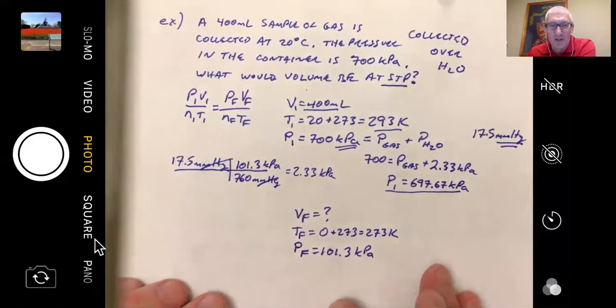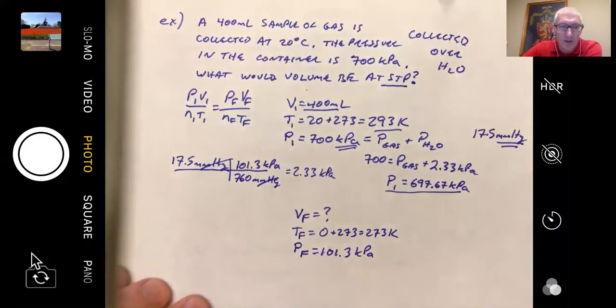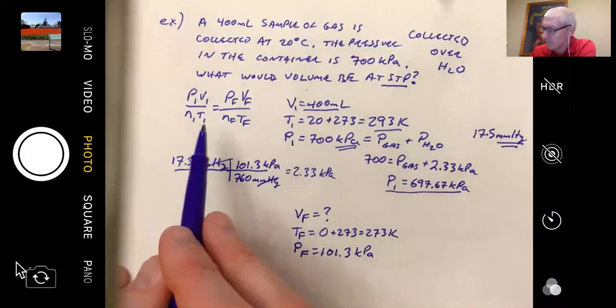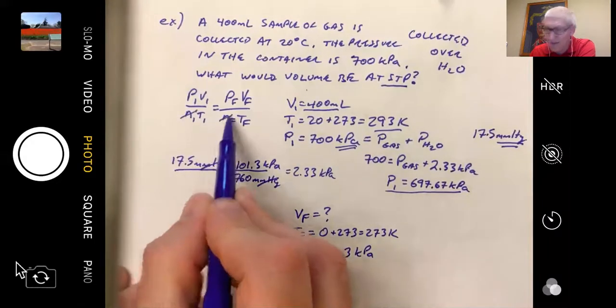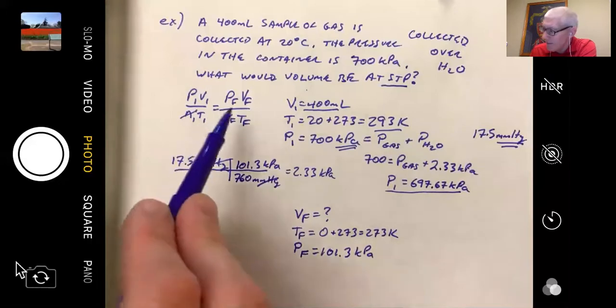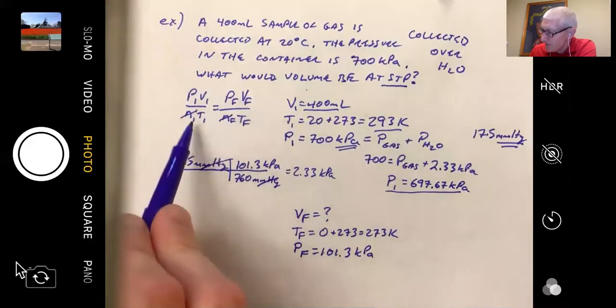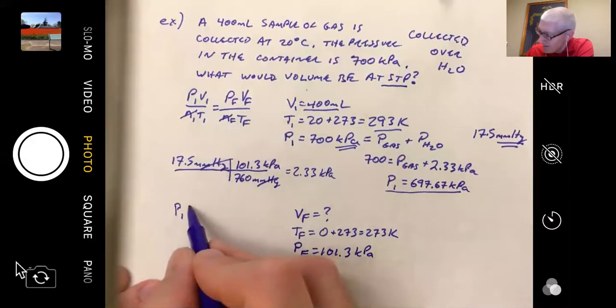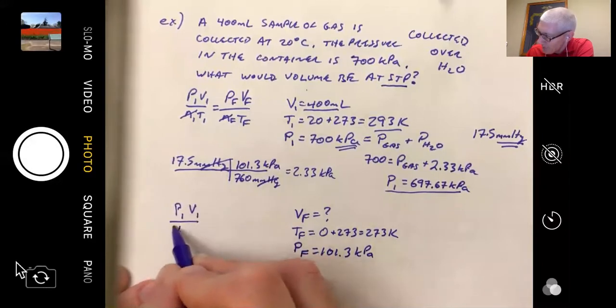Almost finished. Now at this point, we're going to use the fact that we're doing the combined gas law. Didn't say anything about n's. And if I want to get VF by itself, I'm just going to do some algebra. So PI times VI over TI.